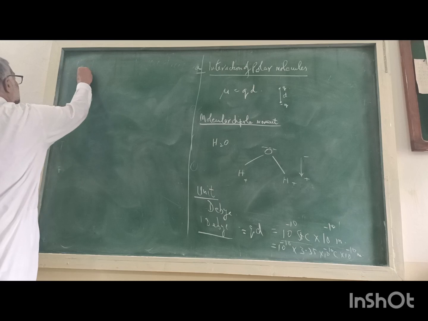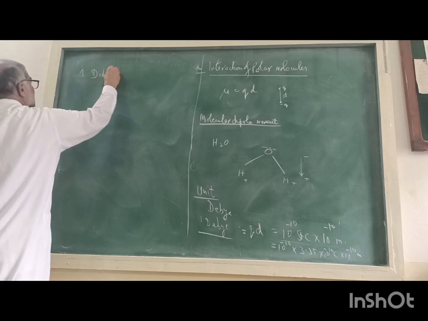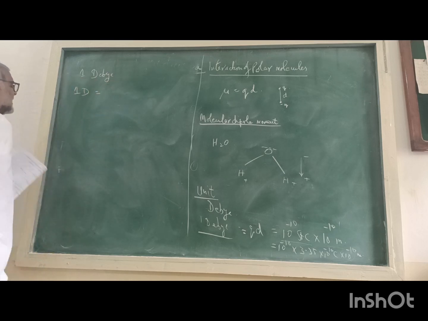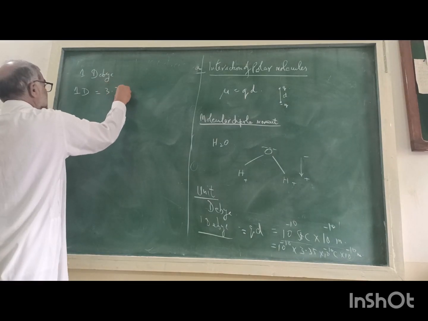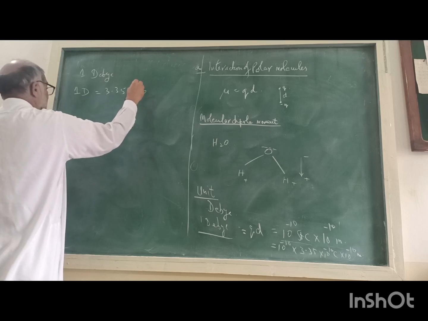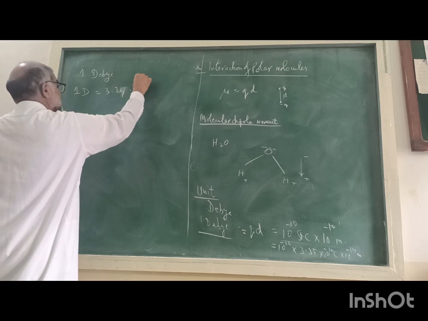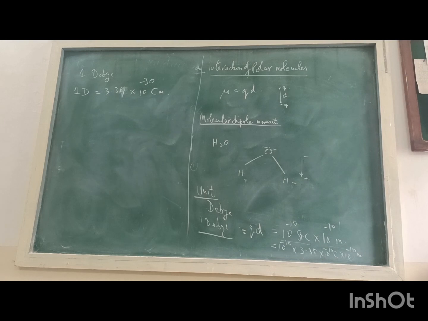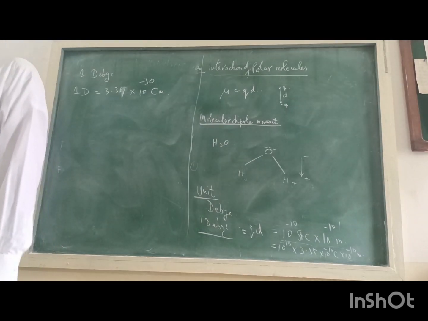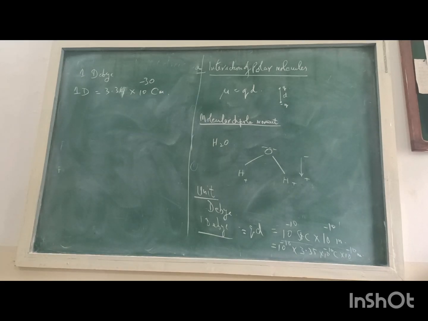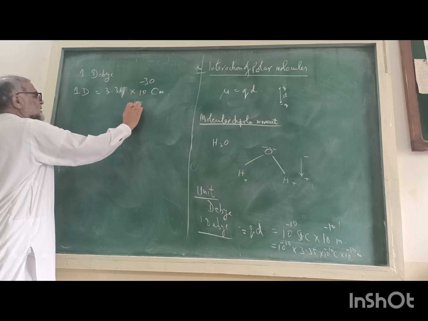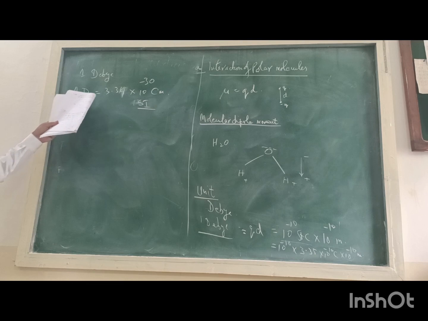So 1 debye is equal to 3.34 times 10 to the power minus 30 coulomb meters. 1 debye is the unit of electric dipole moment, and if you convert this to the SI system, then in SI, 1 debye will be equal to 3.34 times 10 to the power minus 30 coulomb meter.